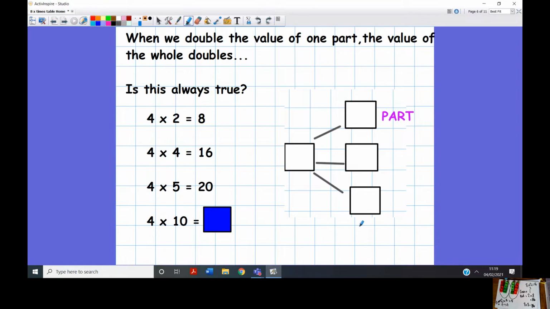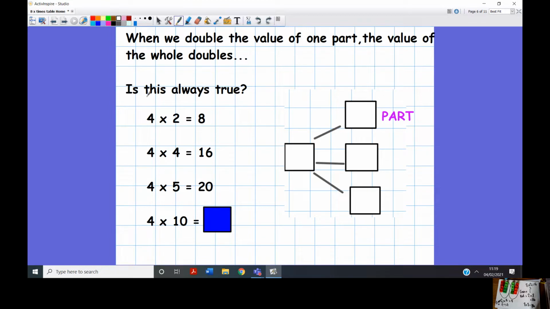Let's have a think. Here, when we double the value of one part, the value of the whole doubles. Is this always true? So here we're looking at linked to the 4 times table. In each time here, I can see that I'm always doing 4 groups.